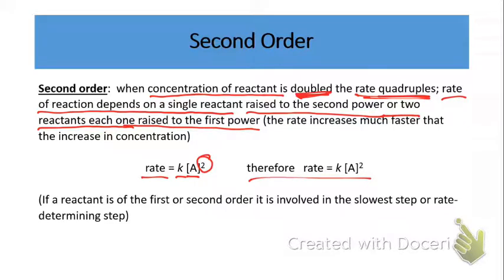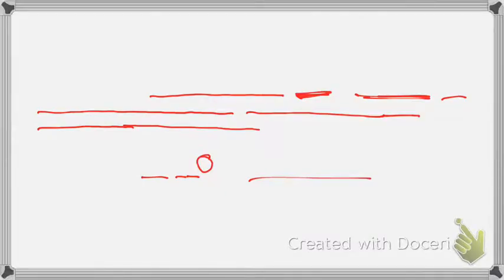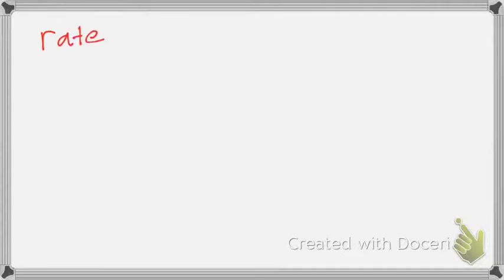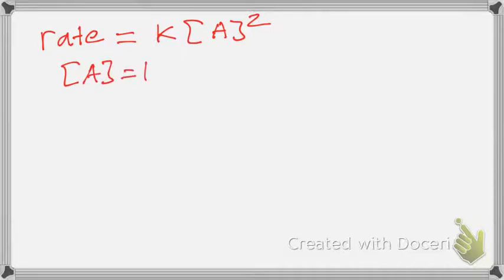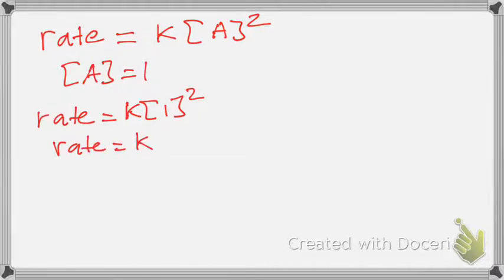All right, so let's go to our whiteboard and practice how a second order would affect the rate. So I'm going to write rate is equal to K times A to the second order. If the concentration of A is equal to 1, and we throw that into our rate expression, 1 to the second, therefore the rate should be K times 1.